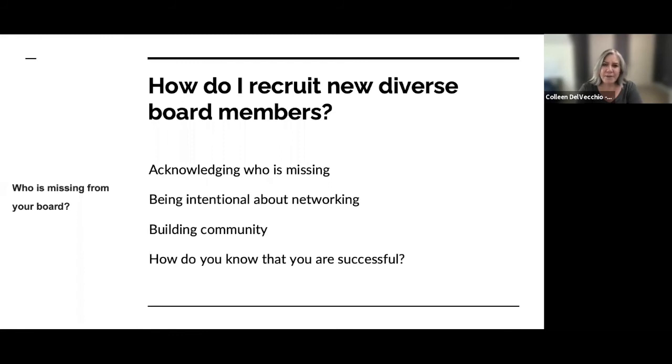And so once you acknowledge who's missing, you have to say it. I don't think it's as simple as doing this assessment and keeping it closed because you're embarrassed about it, or you don't want anyone to know that all of a sudden you woke up one day and realized, oh my God, our board is all white women, or it's all people over the age of 70.